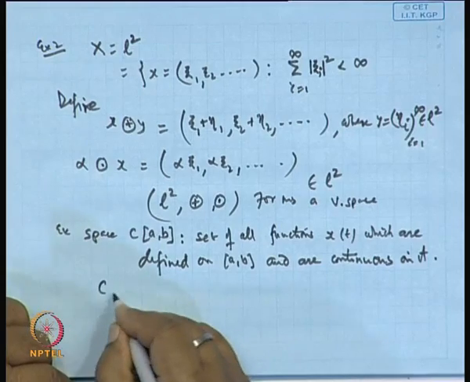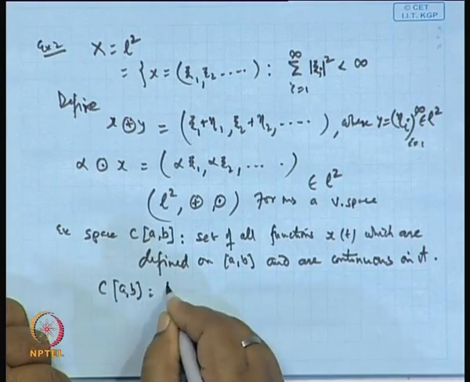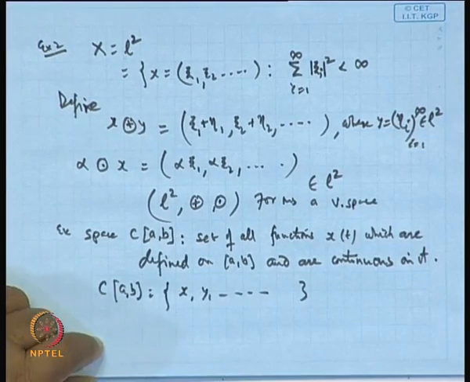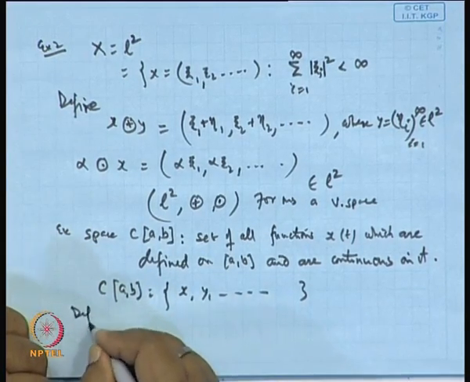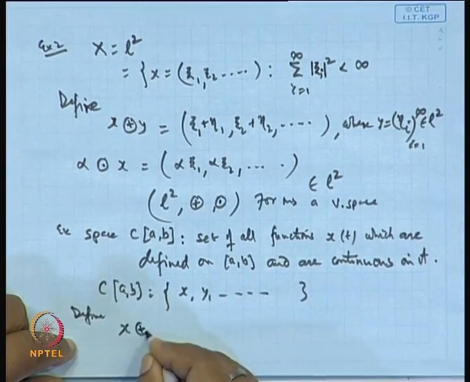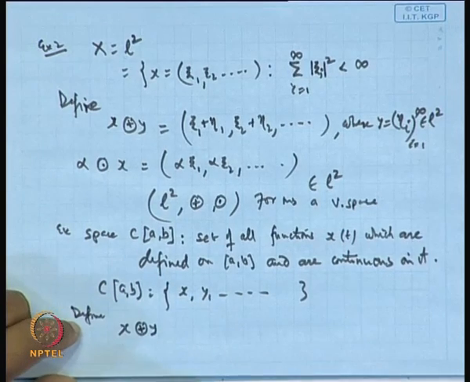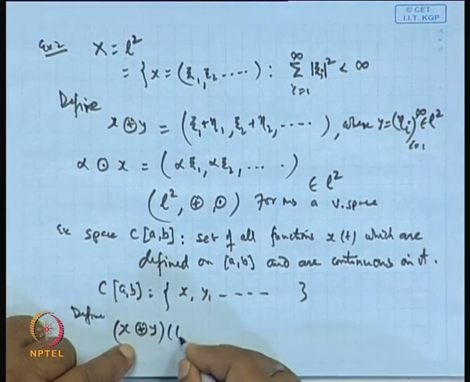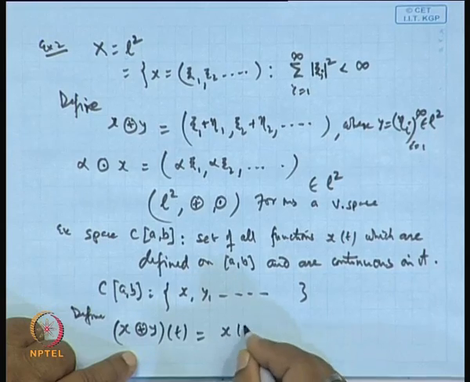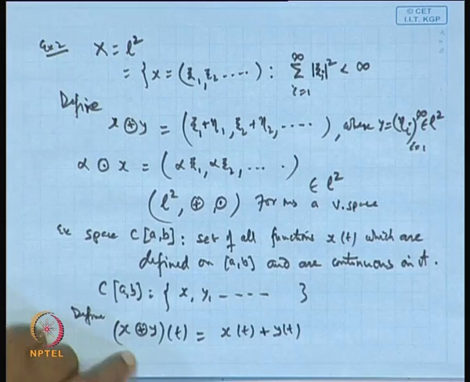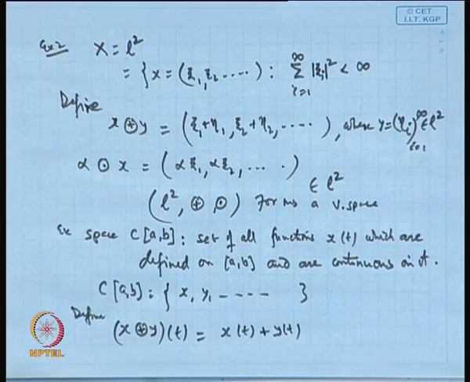Okay. So, C[a,b], let it be the set of all x, y and so on. Let us define the operations of addition and scalar multiplication as x plus y. Since these are functions, at the point t we define it like this: x(t) plus y(t).